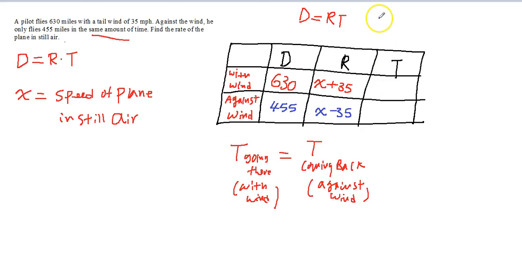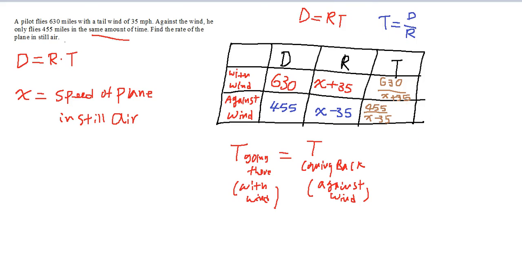Now remember, time is going to be distance over rate. So that means we have 630 divided by x plus 35, then 455 over x minus 35.